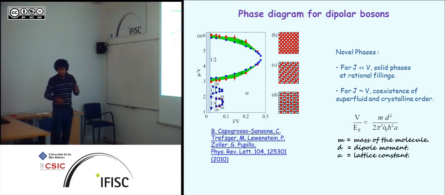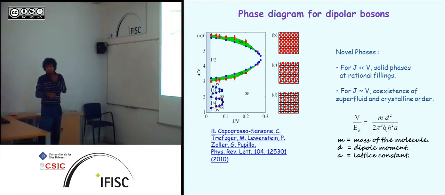If you think of this in a mean field way, you have a superfluid order parameter which has some high value here, some low value here, high, low like this.